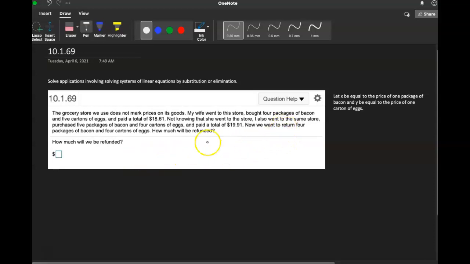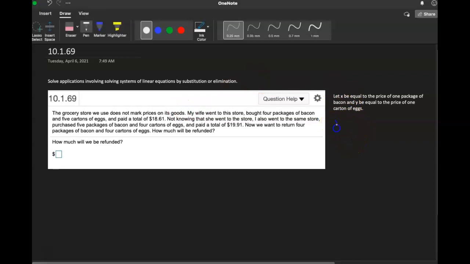So next we can say in this next statement here, when she went to the store, she bought 4 packages of bacon and 5 cartons of eggs and paid a total of $18.61.